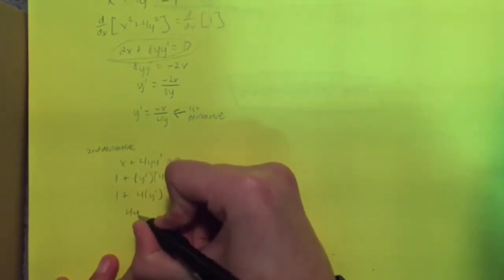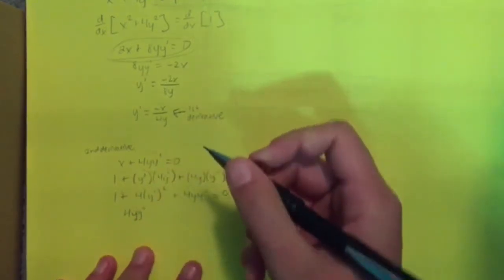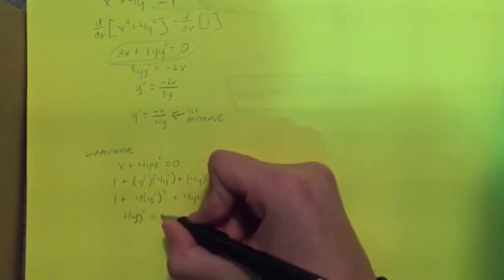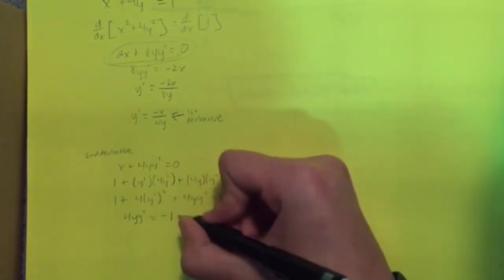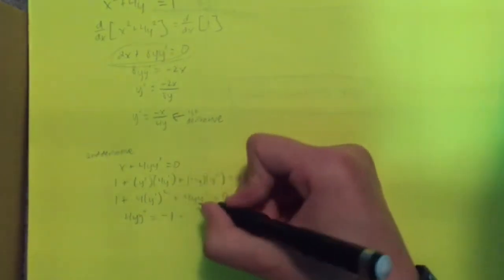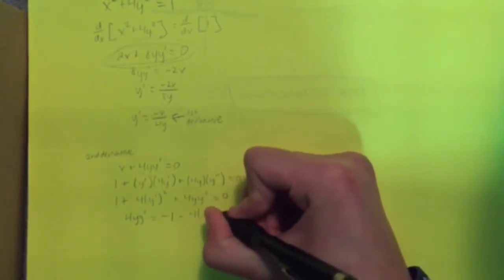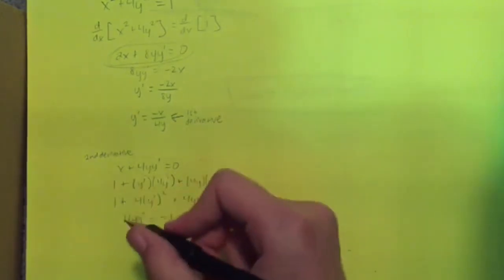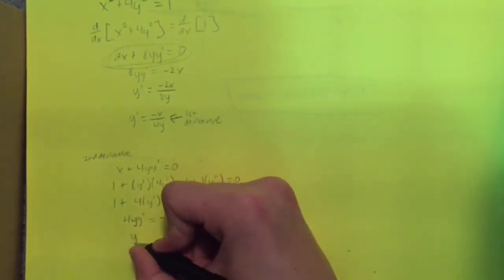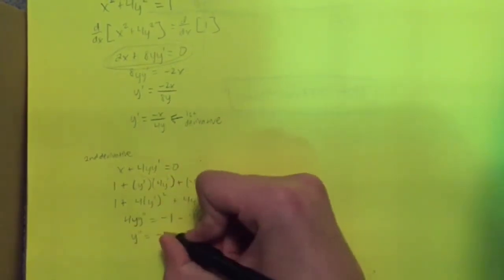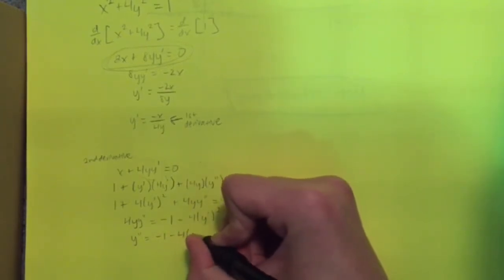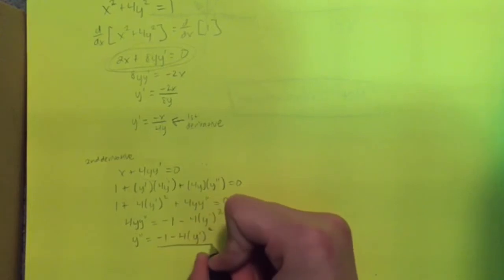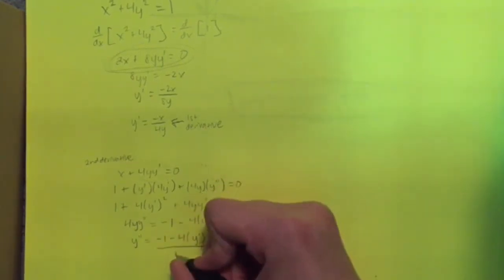So it's going to be 4y y double prime equals negative 1 minus 4y prime squared. Solving for y double prime, y double prime is equal to negative 1 minus 4y prime squared over 4y.